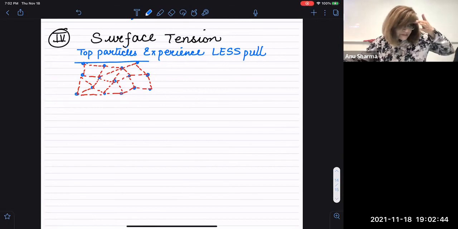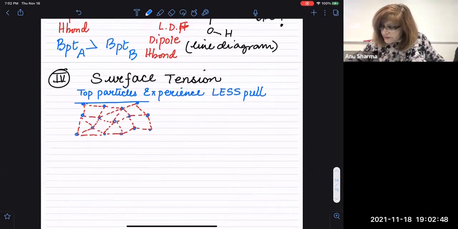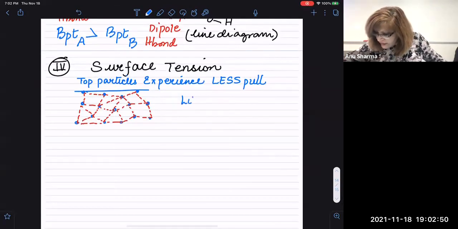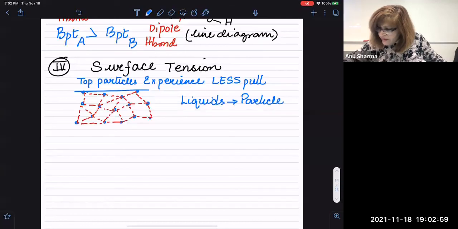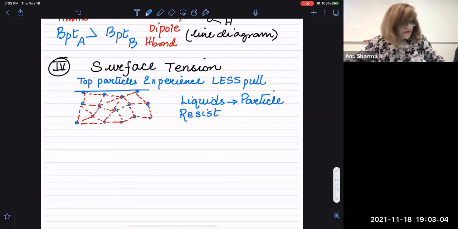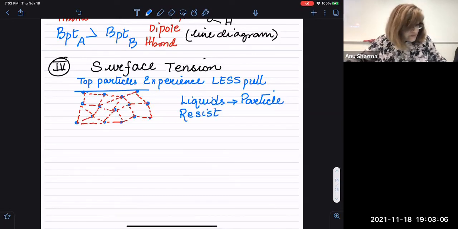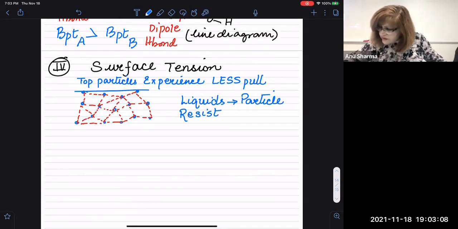So what happens then? Why are they pulling these? Because particles in liquids resist an increase in surface area.